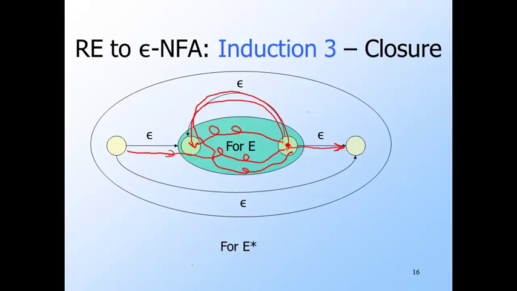We can do this as many times as we like, but then finally we go off to the new final state, and we are done. So this automaton really does have a language that's E star. You can go through the automaton for E 0 times by just going around it, or you can go through it once, twice, 3 times, as many times as you like.